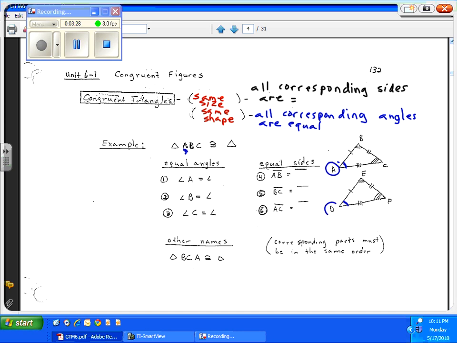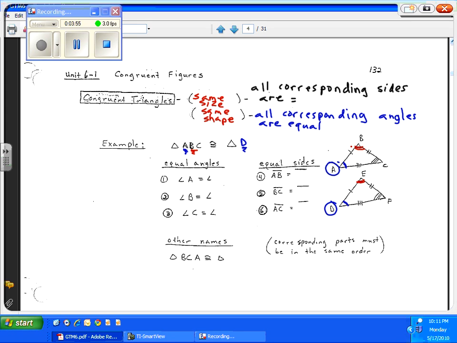That tells us that angle A is equal to angle D. Therefore, angle A must correspond to angle D. Since angle A was named first, we must also put angle D first. Angle B was named second. It has two little arcs. That means it's equal to angle E, which has two little arcs.